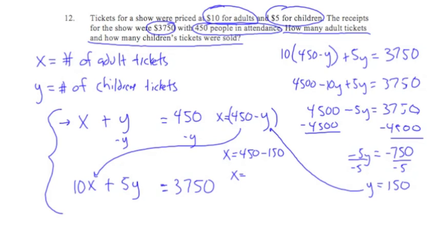And so let's see, then we have 300. So now I need to make sure I answer the question. So we have 300 adult tickets, and 150 children's tickets.